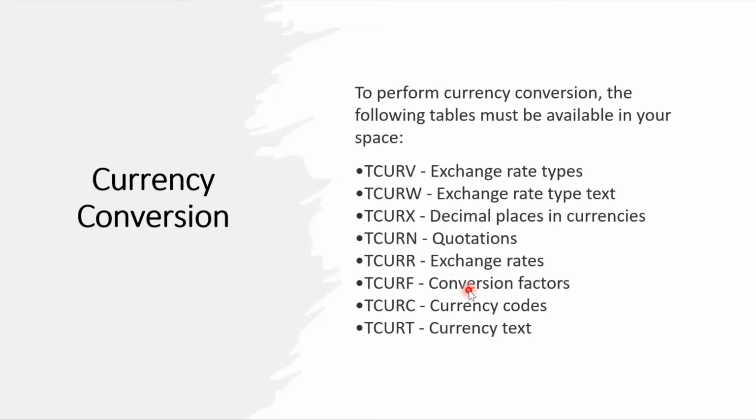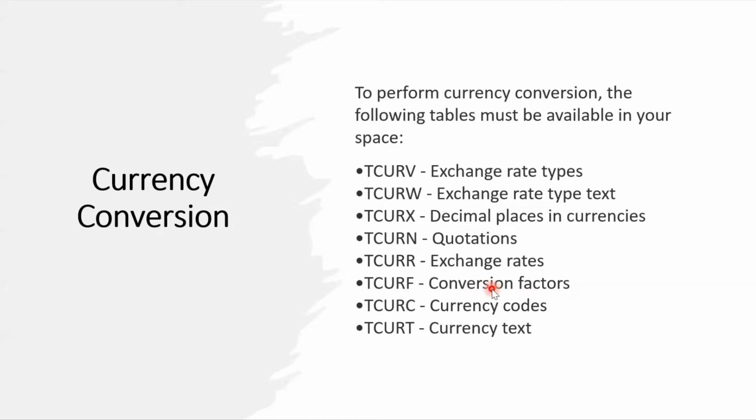We have TCURF, which contains the factors. These factors are really important if one currency is very strong compared to the other currency. That means it is going to create a huge number when we convert a million USD to IDR, the Indonesian currency.